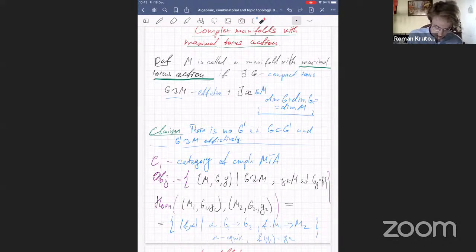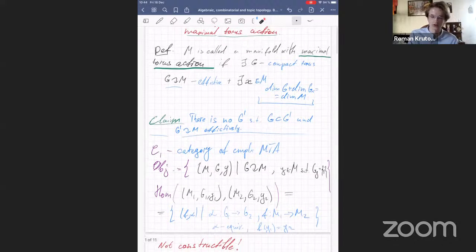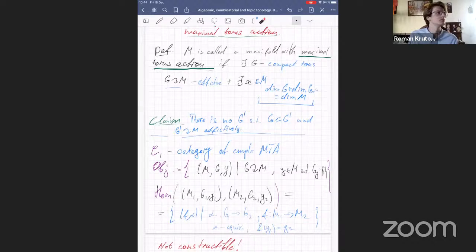The morphisms in this category between two such triples would be pairs F and alpha, where alpha is a smooth group homomorphism between these compact tori, and F is a map from M1 to M2 which is alpha-equivariant. We also require that the image F of Y1 is equal to Y2. From this definition, it can be seen that it doesn't matter which point in the orbit you choose.